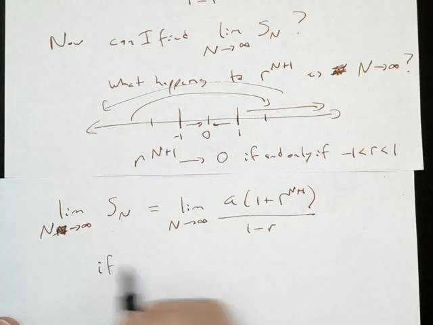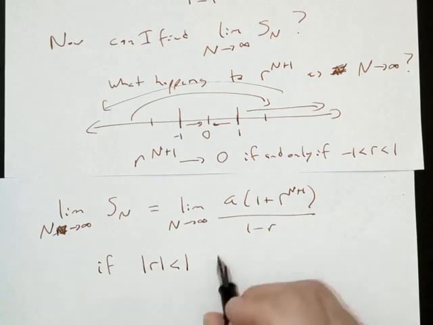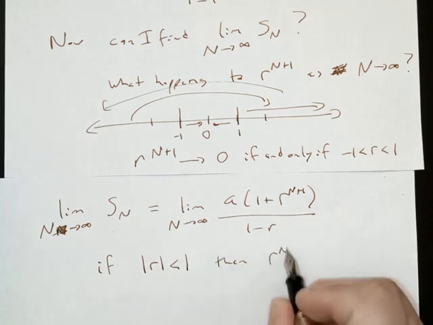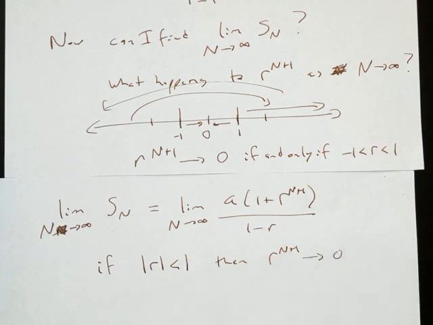So if the absolute value of r is less than 1, then r to the n plus 1 goes to 0.